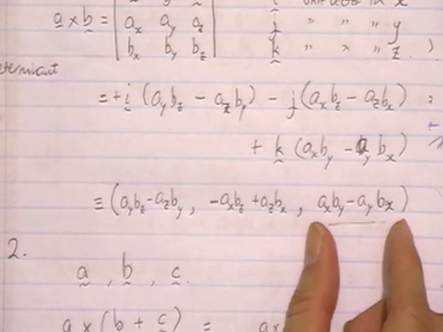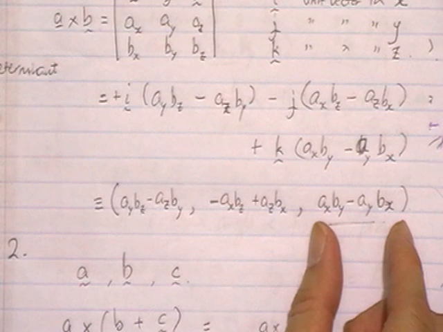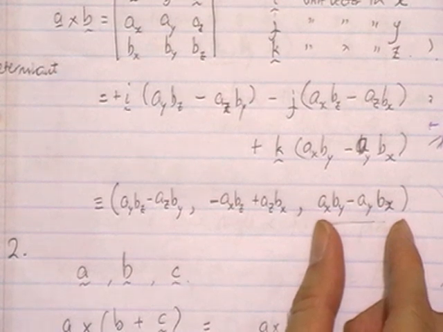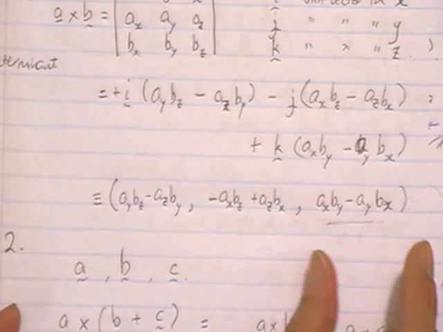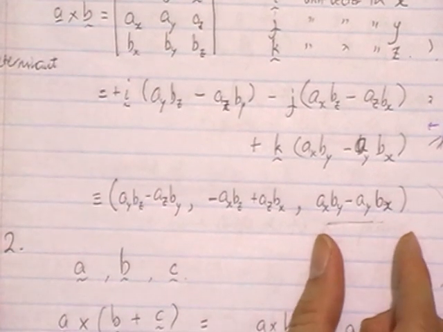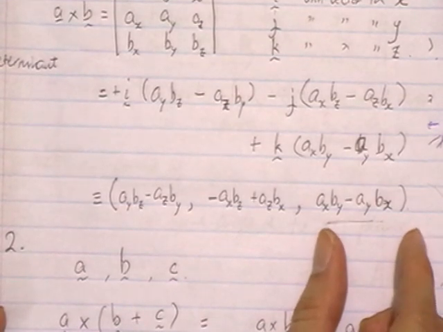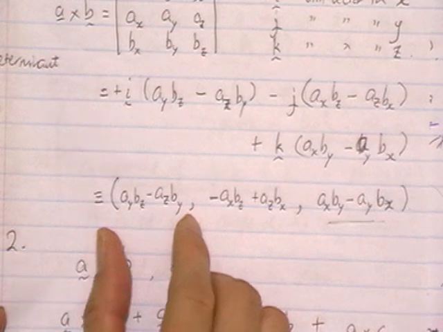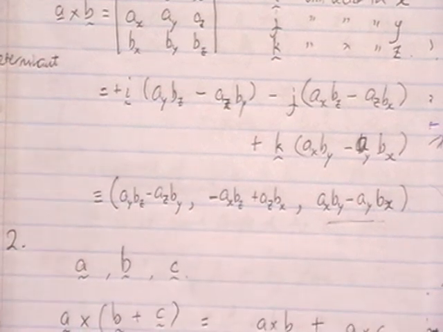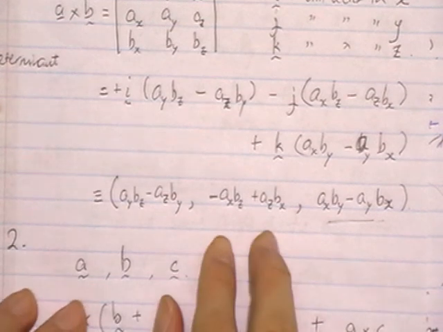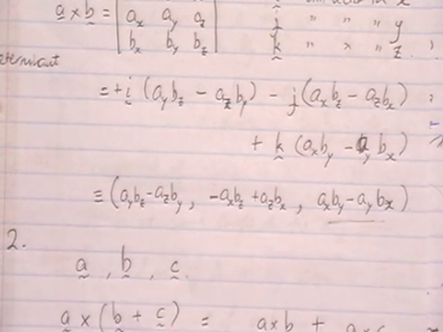I've proven that this Z component is true for any vector A and B in 3D. So therefore, all I need is to repeat the similar steps and I would be able to do it for both the X and the Y component. Okay, and so this completes the proof for this first property.